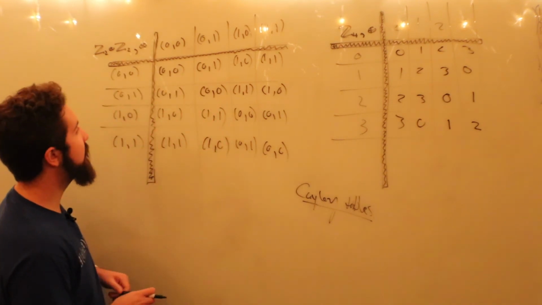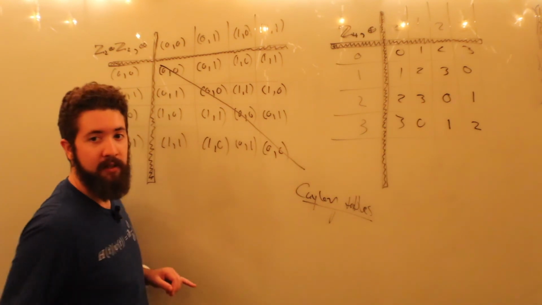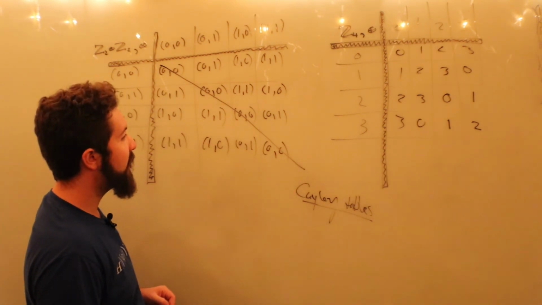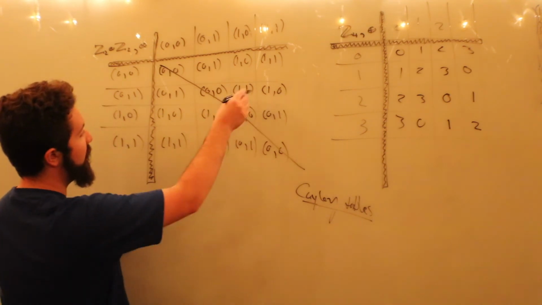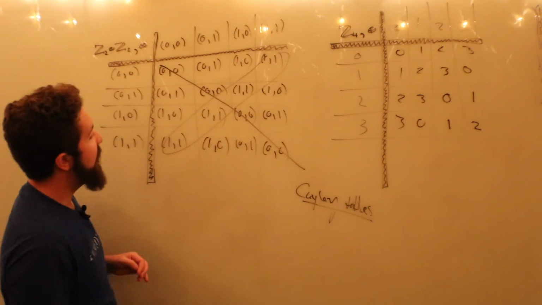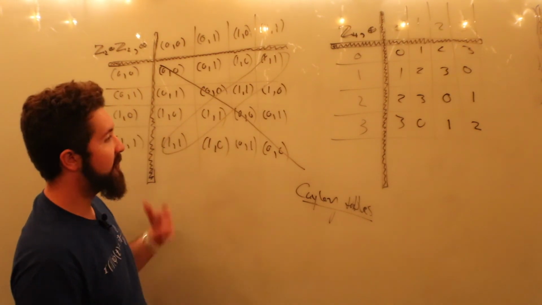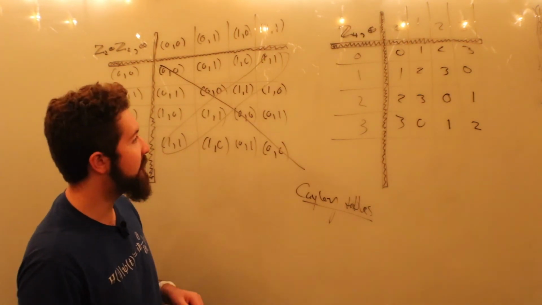Let's look at this. So in this one you have the identity element all the way on this diagonal, and then you have 1, 1 all along this diagonal, and just various other elements, again, symmetric about this sort of diagonal axis here.